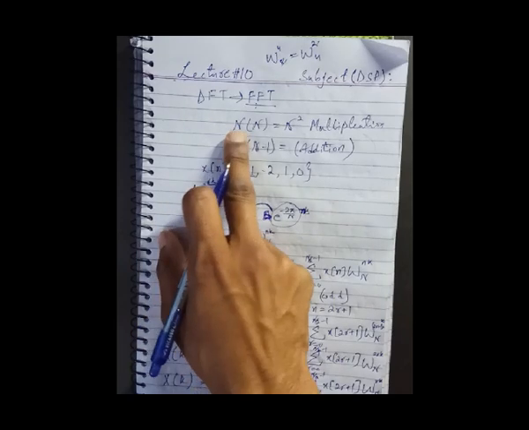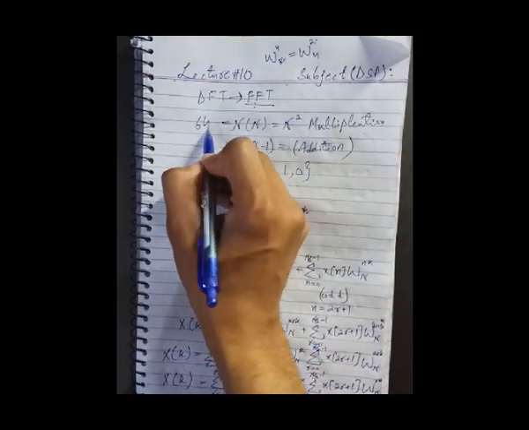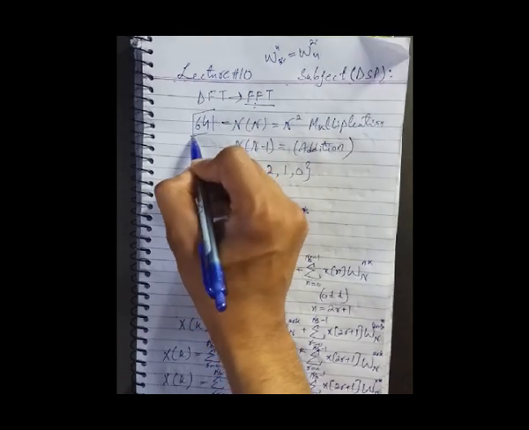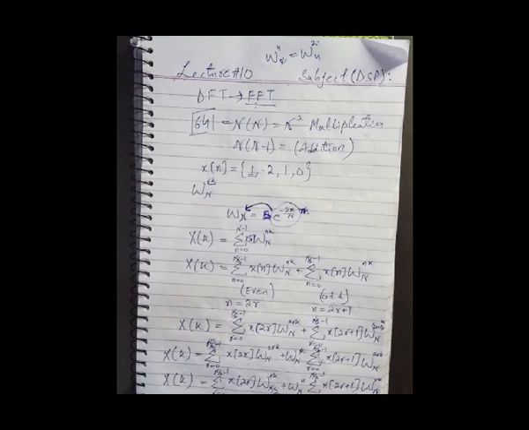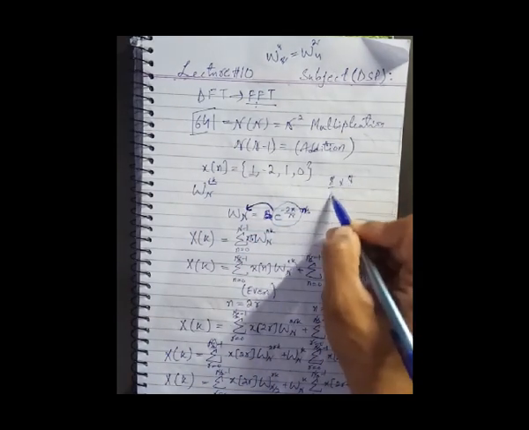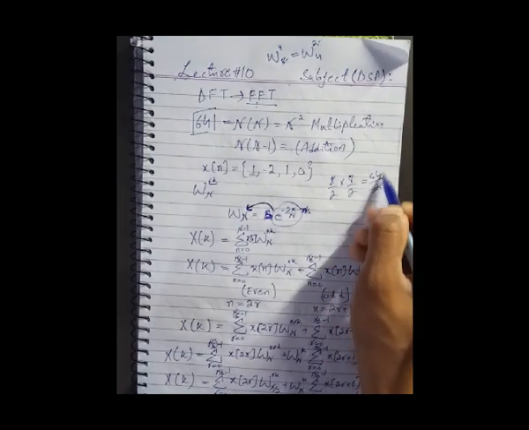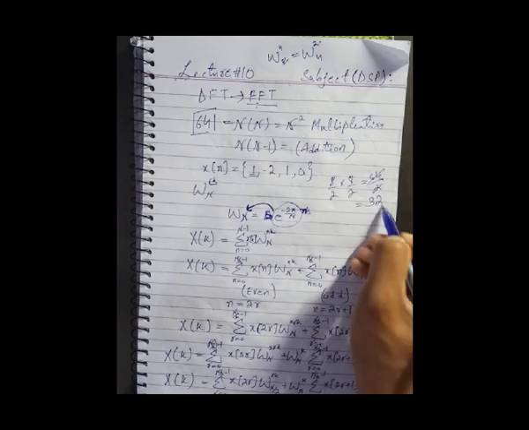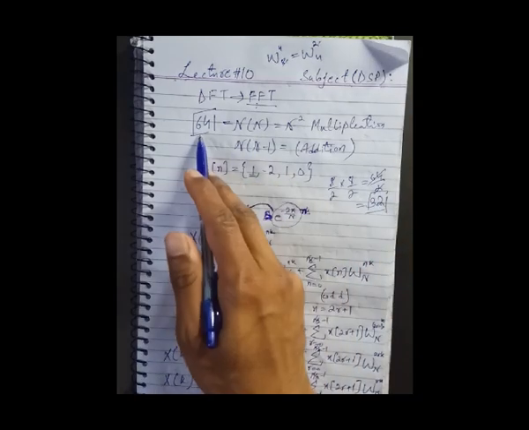If we calculate the multiplication complexity for this case and for this case, we will get the difference. In this, if we put N is equal to 8, we will get 64 multiplications, and in this case we have 8 into 8 by 2, and we get 64 by 2, so 32 multiplications, and here we have 64.